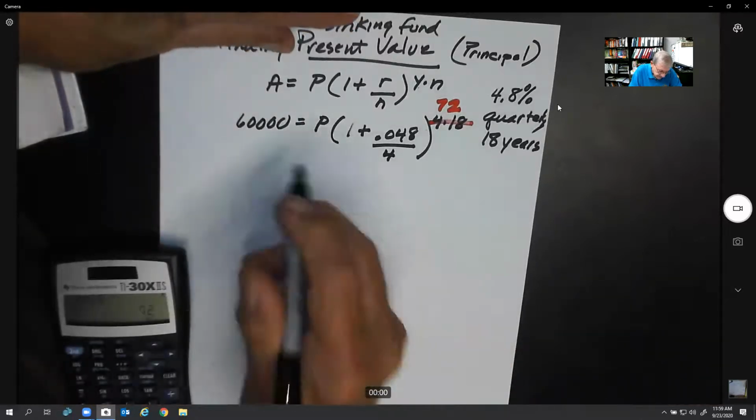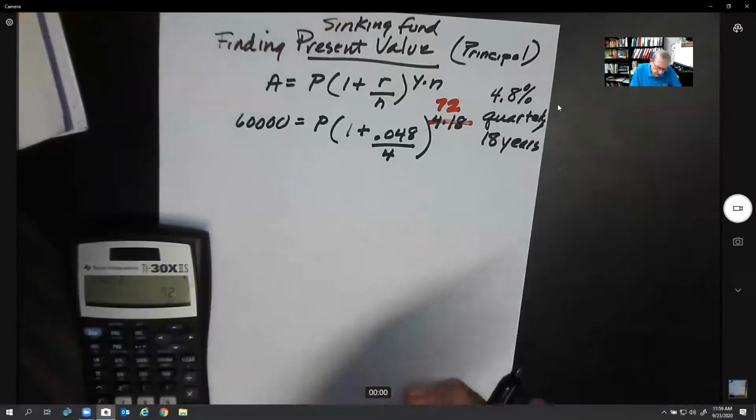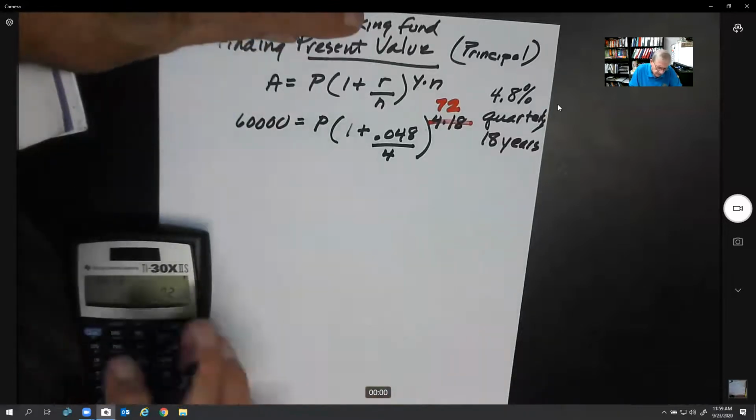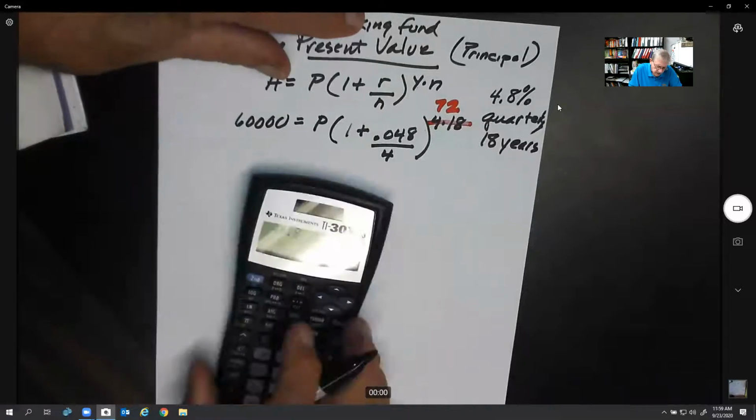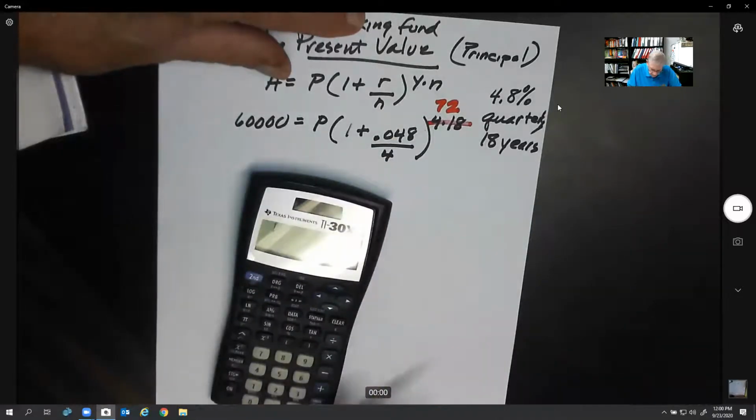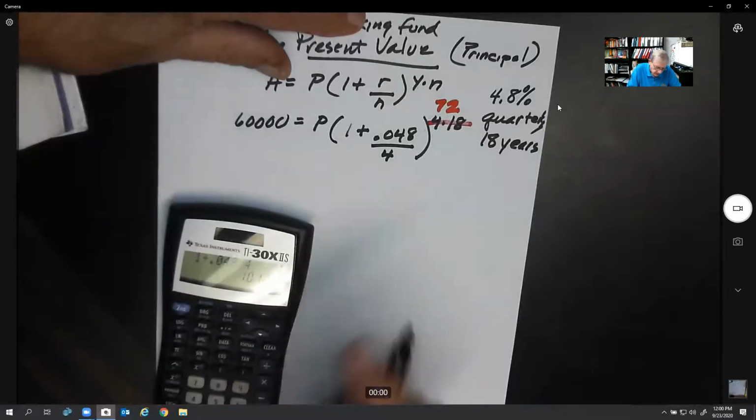Very nice, huh? Which we can't really put into our calculator very well. We could do this part. 1 plus 0.048 divided by 4. We can do that. 1.012.